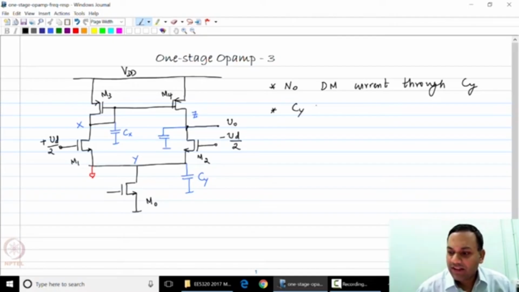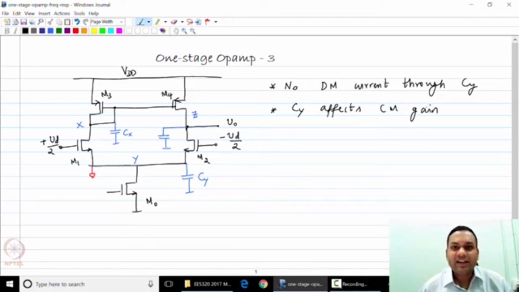However, Cy affects the common mode gain of the circuit. Clearly, the circuit originally expected a high impedance looking downwards, whereas the minute you have Cy, this impedance will look high for low frequencies, but at higher frequencies, Cy will start presenting smaller and smaller impedances, and therefore the common mode gain, which was originally 0 at very low frequencies, will start getting higher and higher.